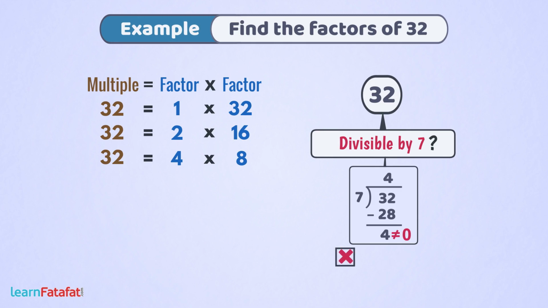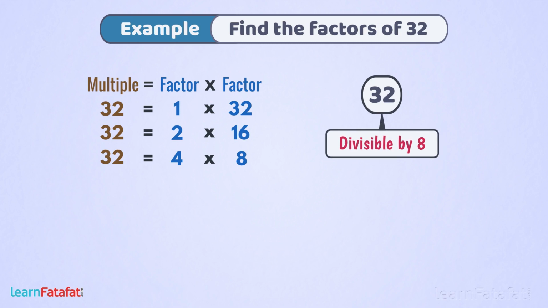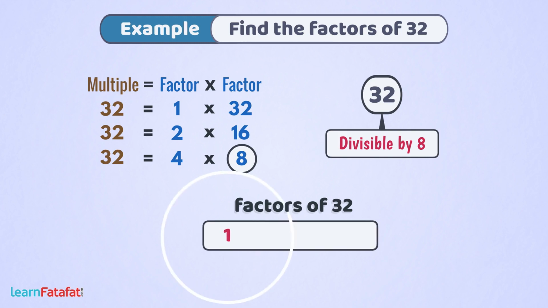So 32 is not divisible by 7. Likewise, 32 is divisible by 8, but we have already covered 8. So we will stop here, considering all possibilities have been covered. So the factors of 32 are 1, 2, 4, 8, 16 and 32.